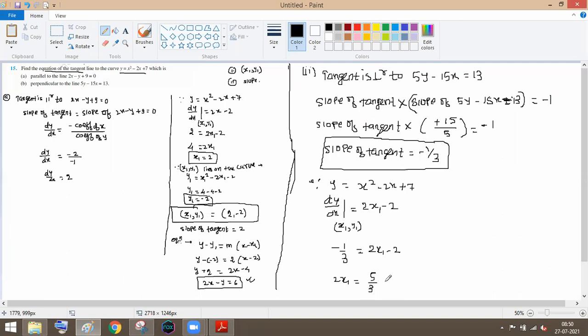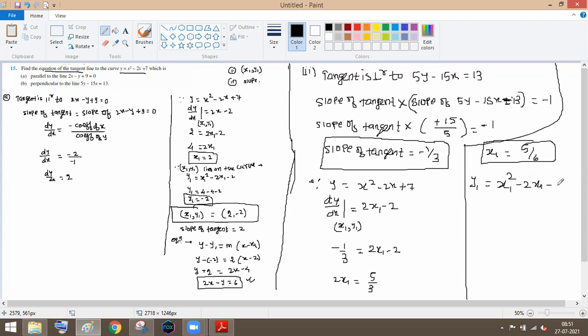Yes, and from here I can say that we got the value of x1, the x1 that is equal to what? 5 by 6. Now put this value in the first equation, because this x1 lies on the curve, it must satisfy the equation. So y1 equal to x1 square minus 2x1 plus 7.